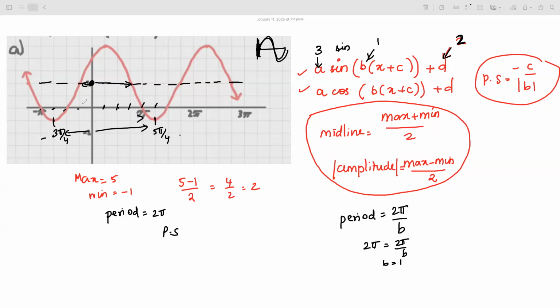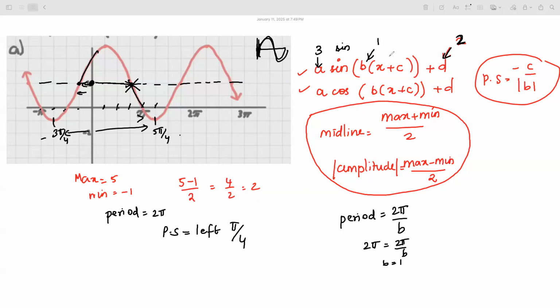Which is the correct shift? How will you determine that? From that x-intercept, the midline intercept, when the graph crosses the midline, from there it has to go up. When you consider this point, it goes down. This is not the shift. So it has to go left by pi by 4. Did you get it? Phase shift is left pi by 4. Make sense?